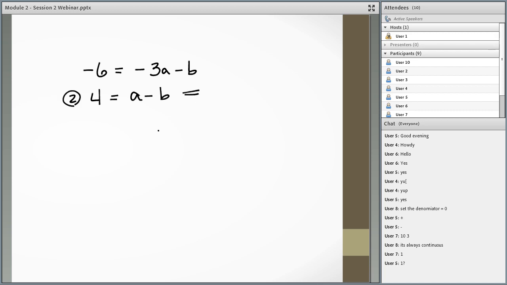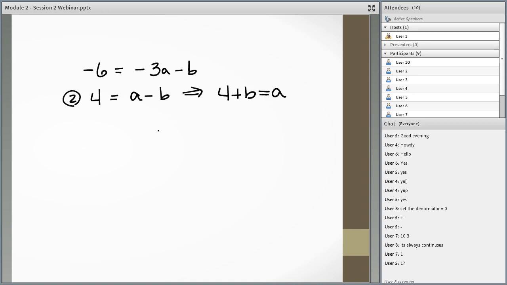So for me, looking at equation 2, if I were to add b over to the left, I would have 4 plus b equals a. So all I've done is just solve equation 2 by moving over the b.